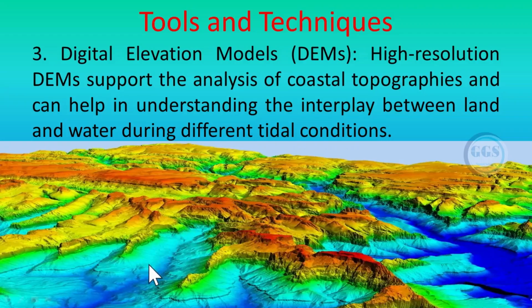The area which is deep blue is the water body, while the other areas are higher elevation areas. So the interplay between the water body and the land as the water rises is a very good technique to use to study shoreline change detection. As the water rises and falls, we can use this to model the changes.